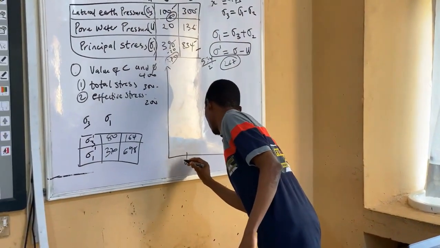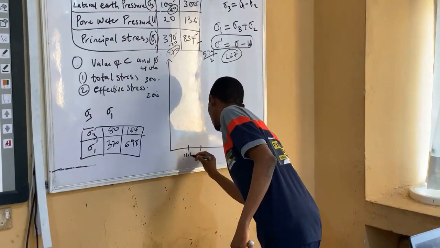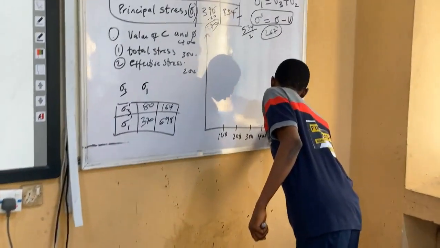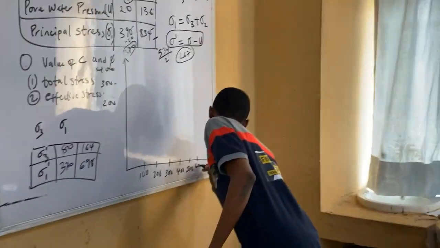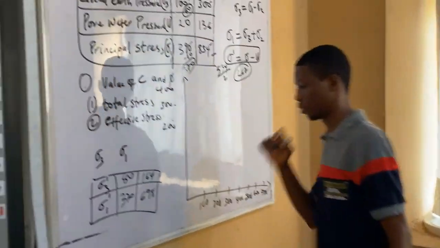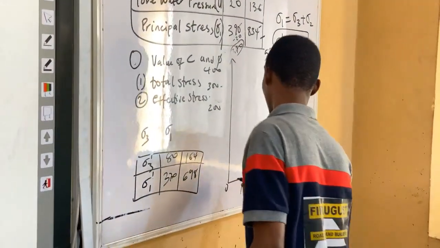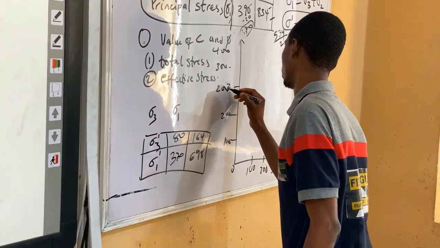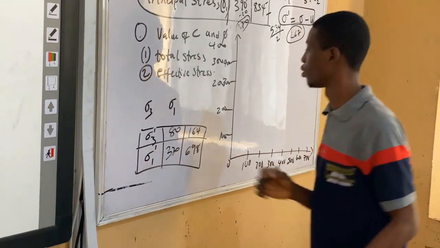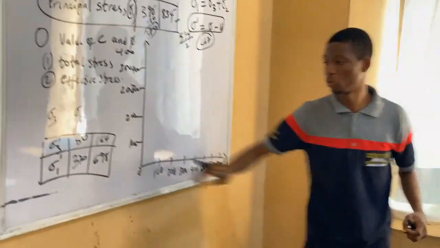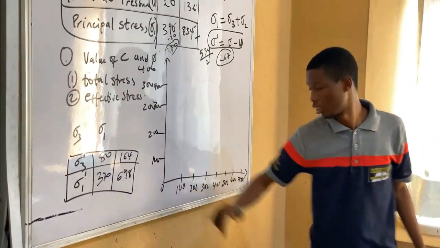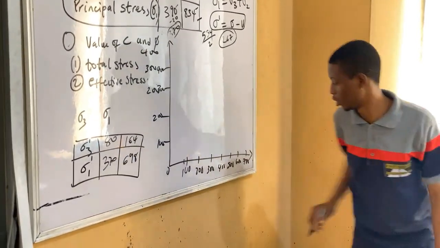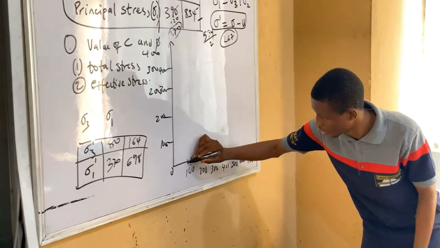This one is 0. You have 100, 200, 300, 400. With this one, you can mark 80 and 370.